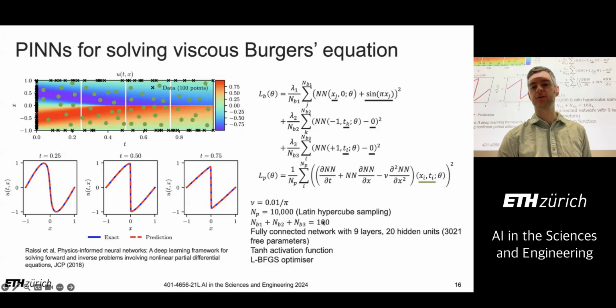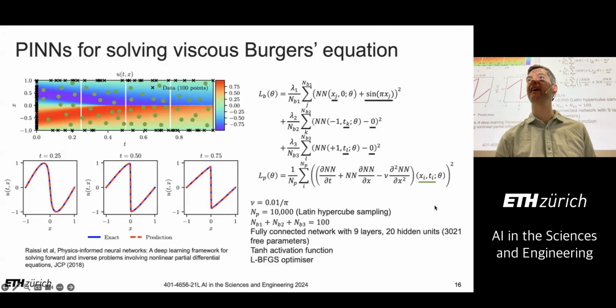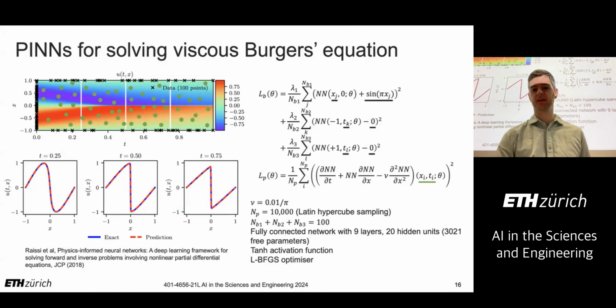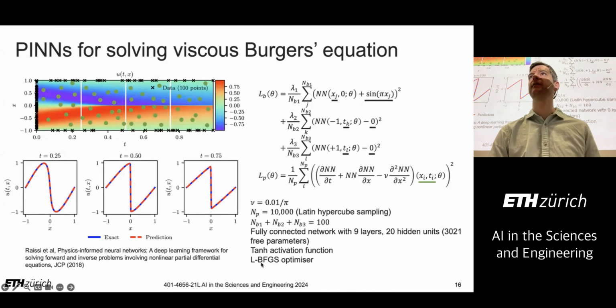And then they had 100 boundary points sampled along the boundary here. The network they used was a fully connected network, nine layers, 20 hidden units. So that turns out to be 3,000 free parameters that we need to fit this flexible function to the solution. And then we use a TANH activation function and a second order optimizer. So not just gradient descent, but a quasi Newton optimizer.